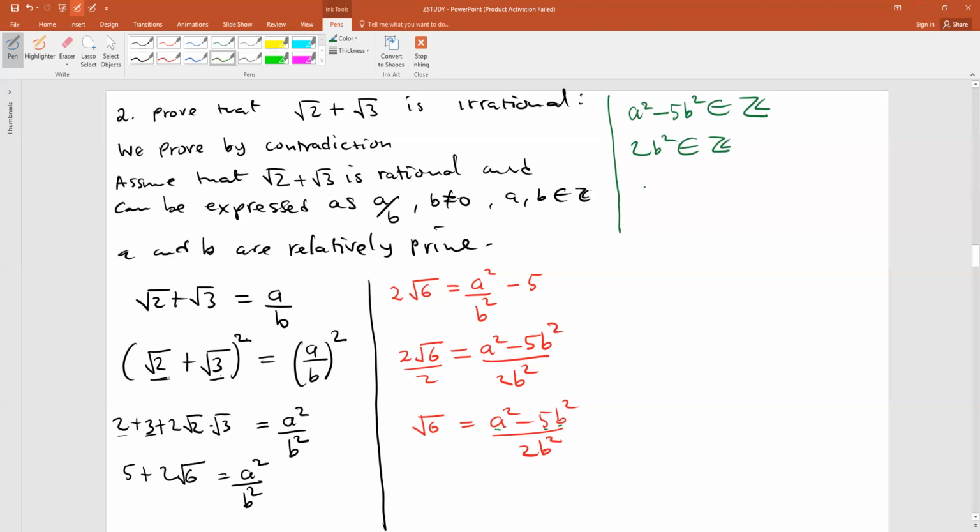So if you want, you can even say, let c denote this integer a squared minus 5b squared, because this is an integer and c is an integer.